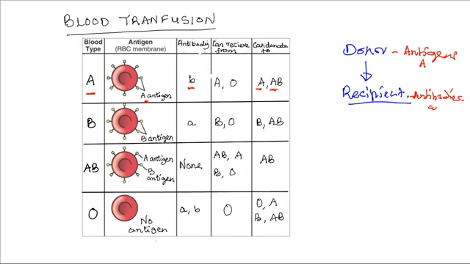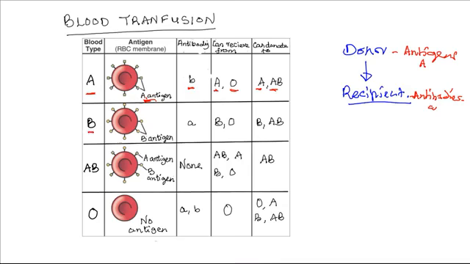Why AB? Remember, AB does not have any antibodies, so it will not matter the type of antigen present on A. Whereas blood group A, if he is a recipient, he can receive from another blood group A and blood group O. Because blood group O does not have antibodies that will react with the antigen in his red blood cells.